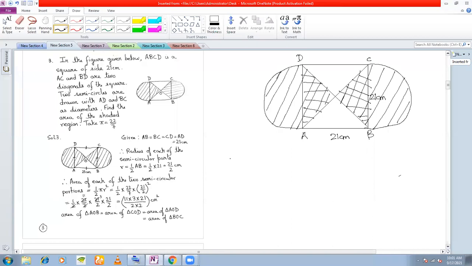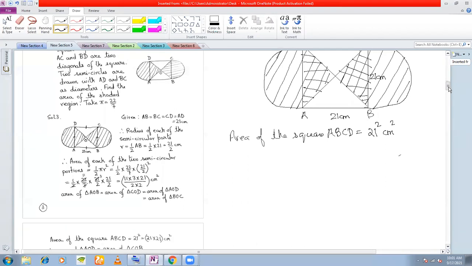So let's first start by saying area of the square ABCD is equal to 21 square centimeter square, right? Let's keep it at that, 21 square.